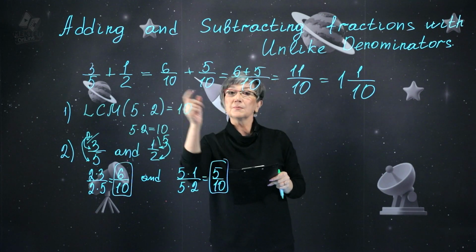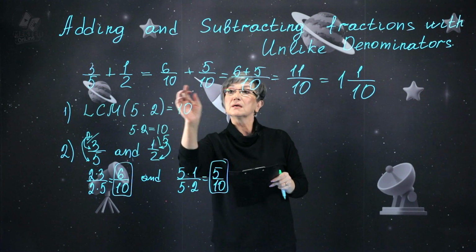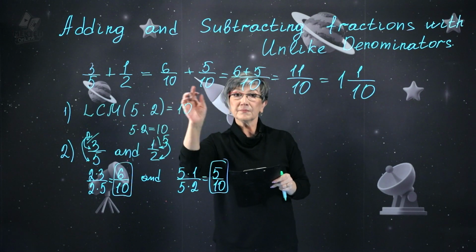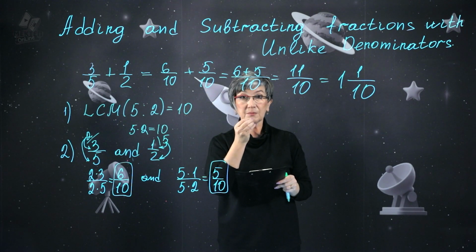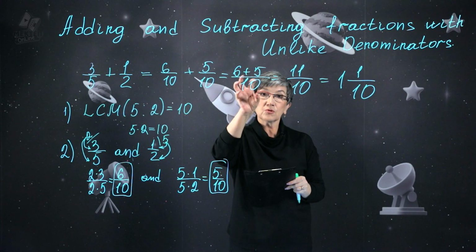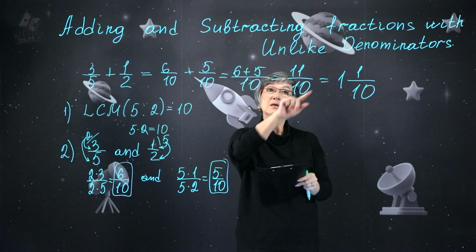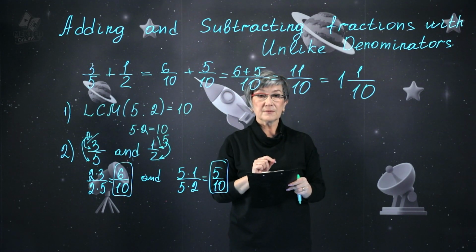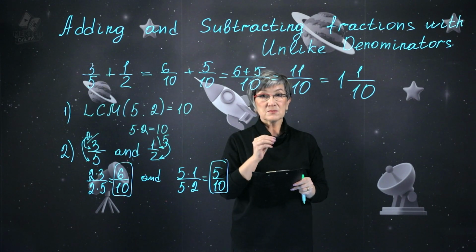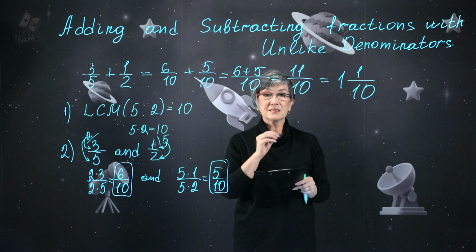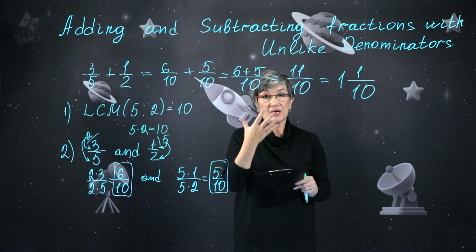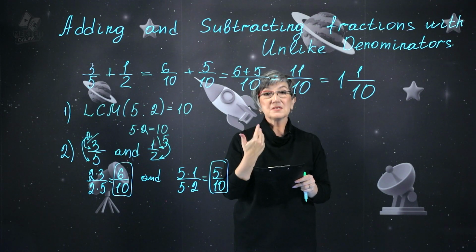That is, we make the denominators equal. Then we fix this equal denominator, and the numerators are added, and the result is the answer. If it is possible, then allocate the whole part, or reduce the given fraction and write down the final answer.